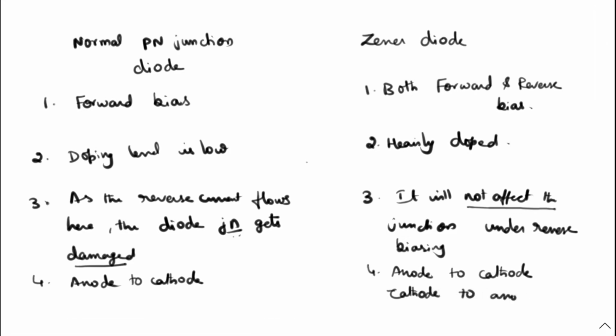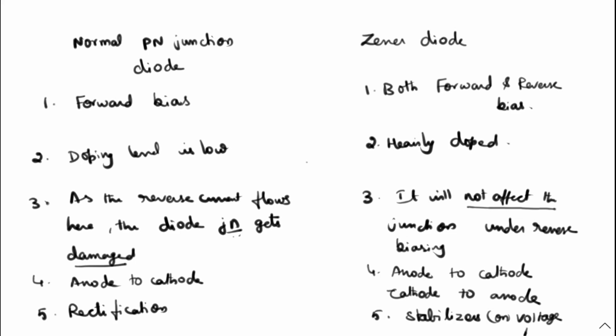Basically, the main application of the normal PN junction is rectification, and the main use of the Zener diode is stabilization, that is, stabilizers and voltage regulators. So these are the comparisons between the normal PN junction diode and the Zener diode, right?